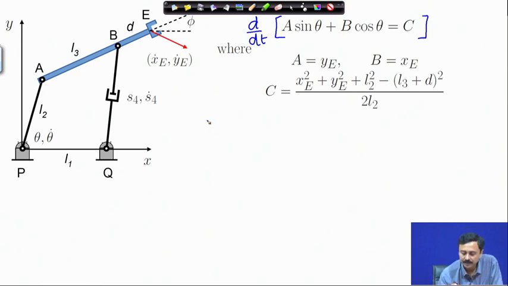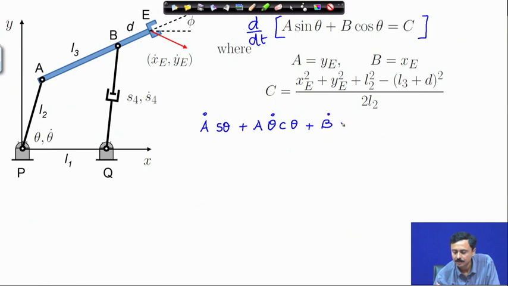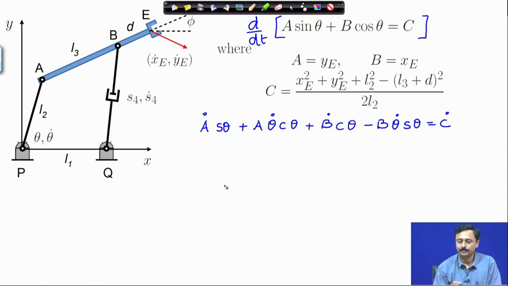Then what we have is A dot sin theta, where S theta represents sin theta, plus A theta dot cosine theta, plus B dot cosine theta, minus B theta dot sin theta, is equal to C dot.